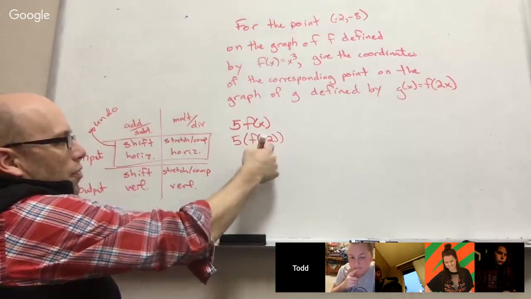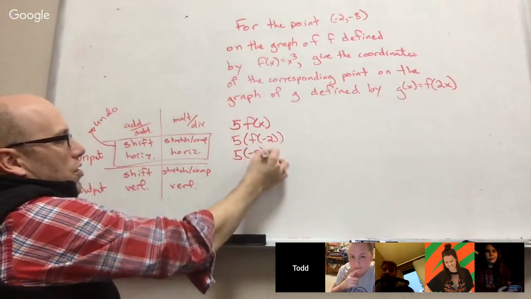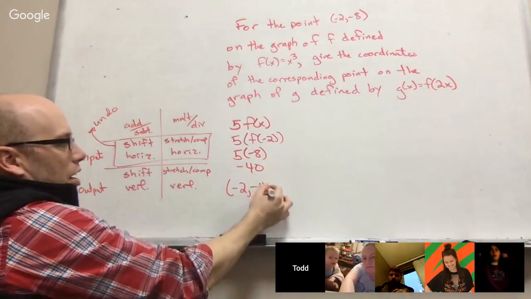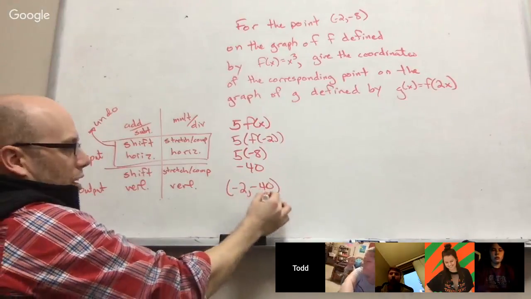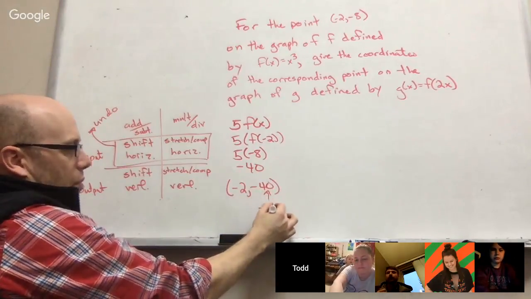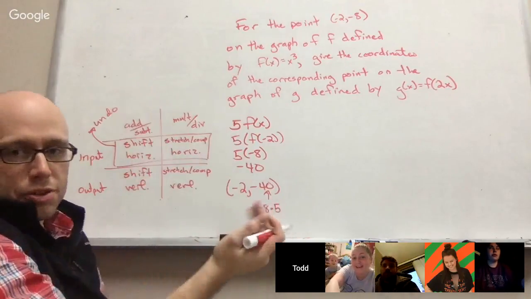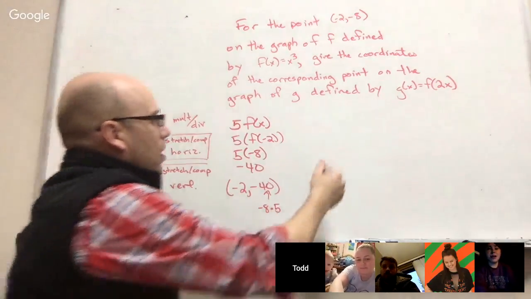And I know f of -2 is -8, so that's going to be -40. So my new point is -2, -40, right? And that was -8 times 5. Just multiply all the outputs by 5 like we wanted to.